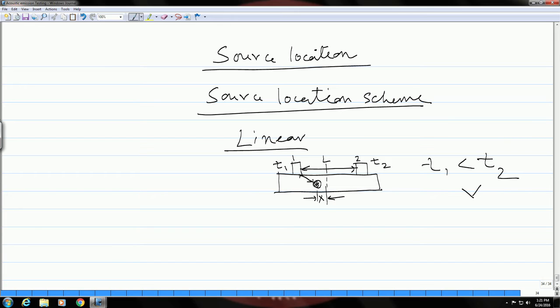So, you will get to know about x if you know the velocity, because we know that velocity into time is distance and time we have already calculated.